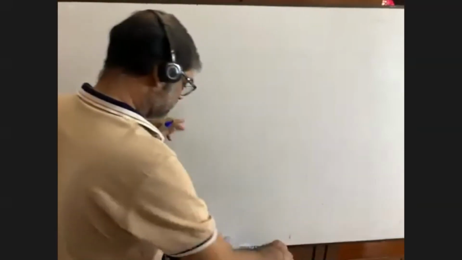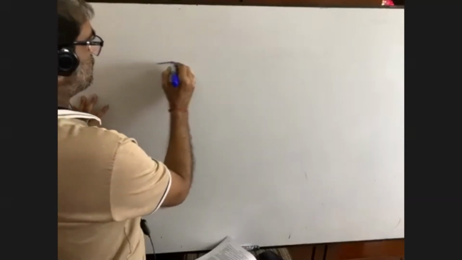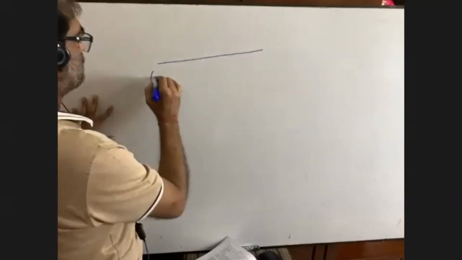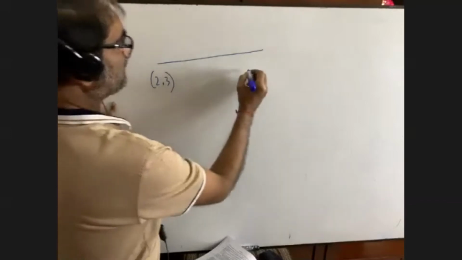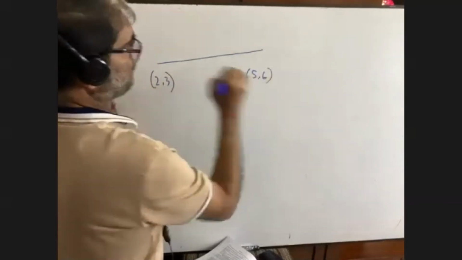Okay. Now, we are going to do another math. That is question number 42. Find the ratio in which the point 7, 8 divides externally the line segment 2, 3 and 5, 6. Suppose it is 2, 3, 5, 6.